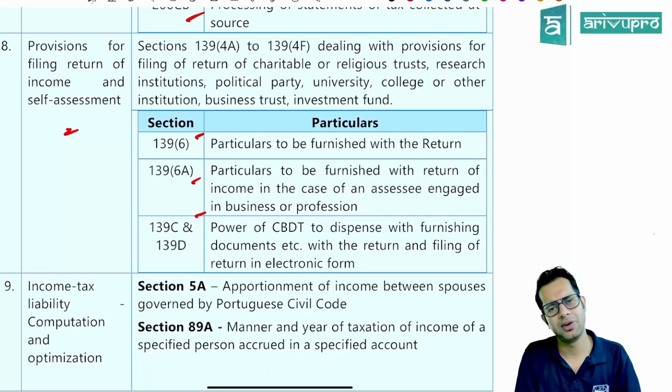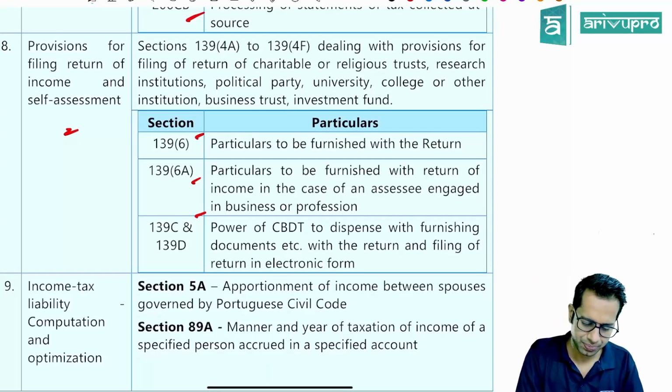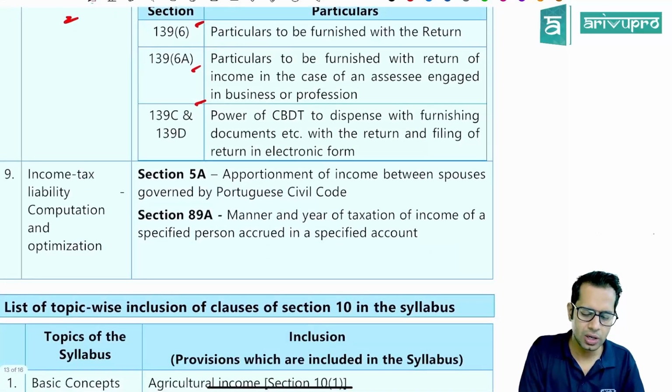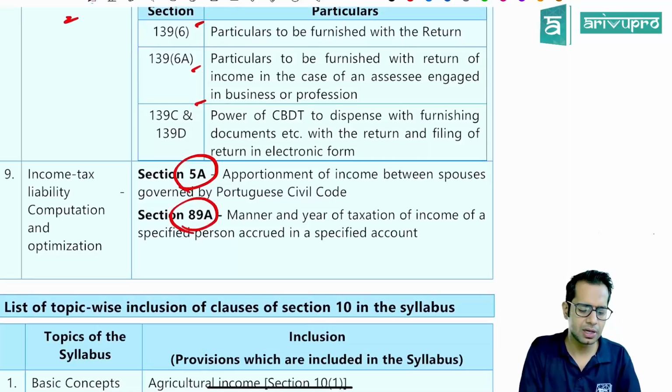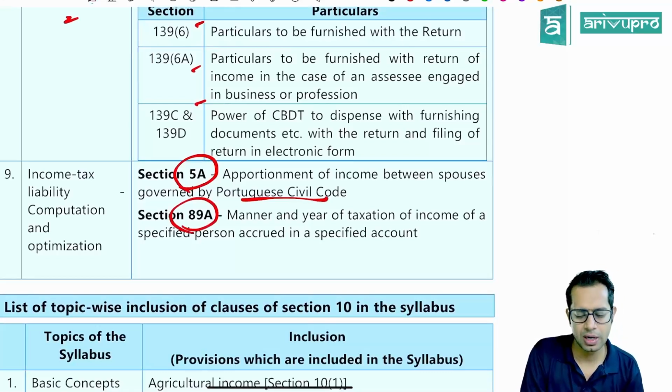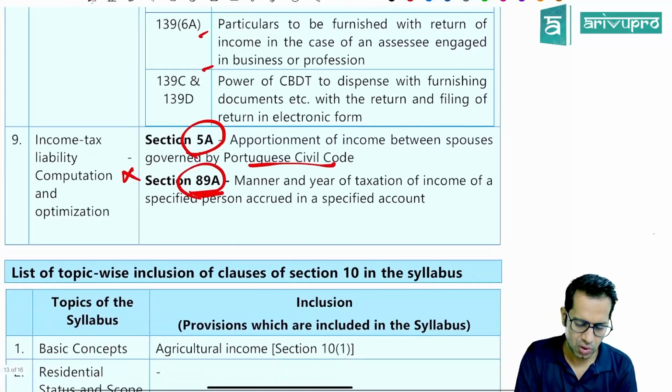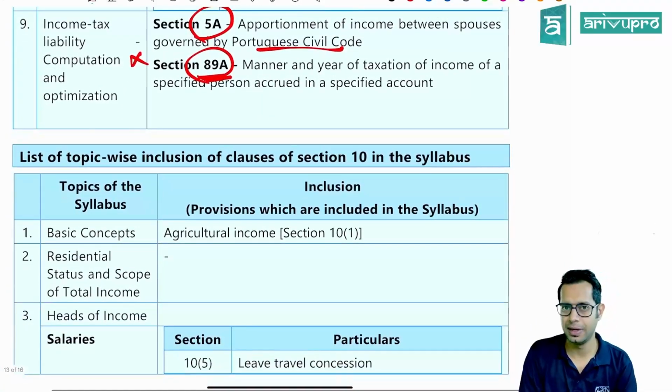They are anyway not applicable to you. And under income computation, your total income topic, section 5A, which talks about taxation of Portuguese civil code, etc., and 89A, which talks about relief, are not applicable to you for your intermediate level.